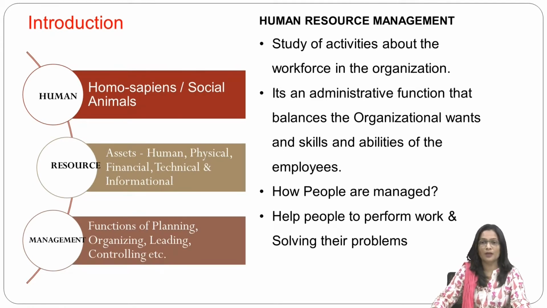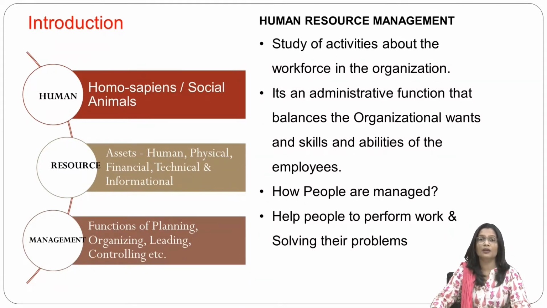So human resource management tries to achieve a balance between what the organization wants and the skill set of the existing employees. There is basically a person-job fit that is aimed to be achieved in this function.